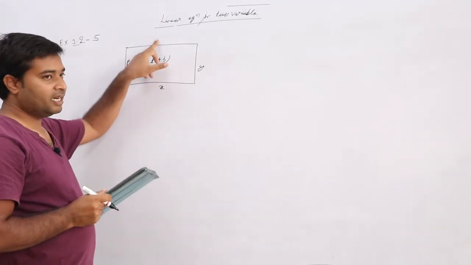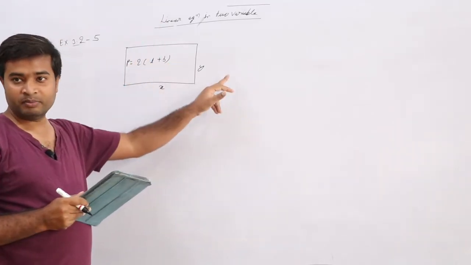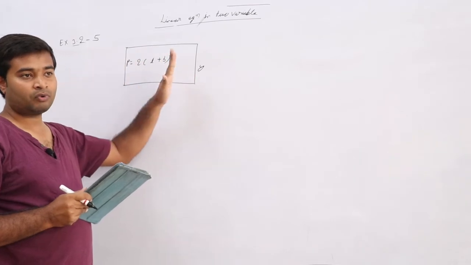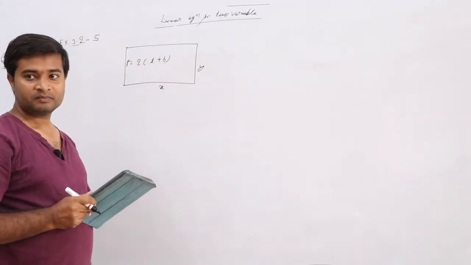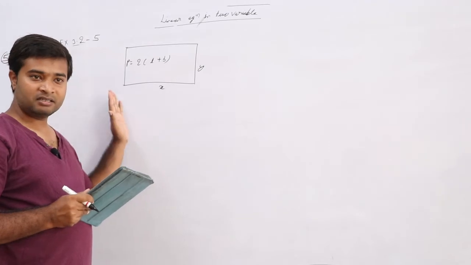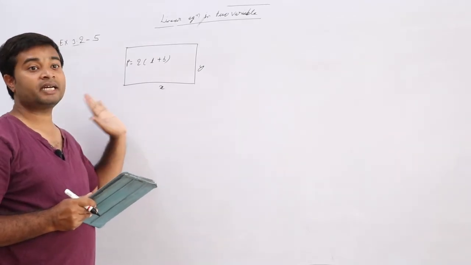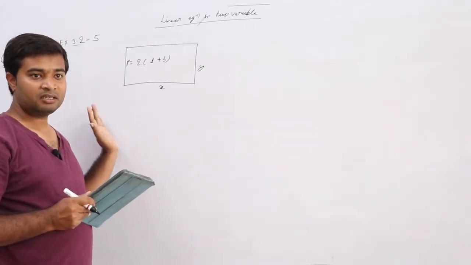So L plus L, 2L, B plus B, 2B. From both take common, 2 came out and L plus B. Correct. Perimeter means every time the sum of all the sides.